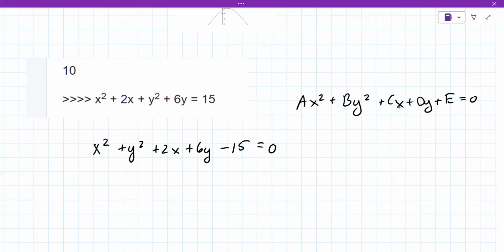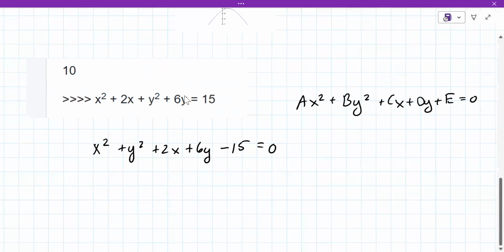Okay, so that's thing one. Thing one is to make it in standard form. All right, now decide what it is. And I think you graphed this and we found that it was a circle.